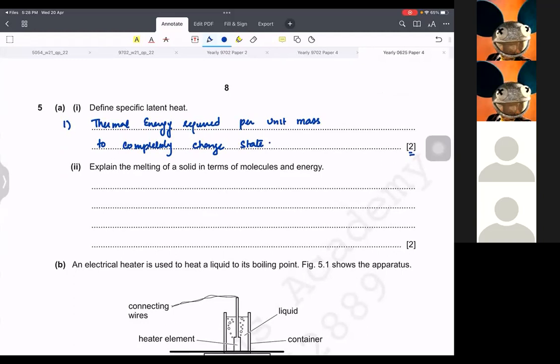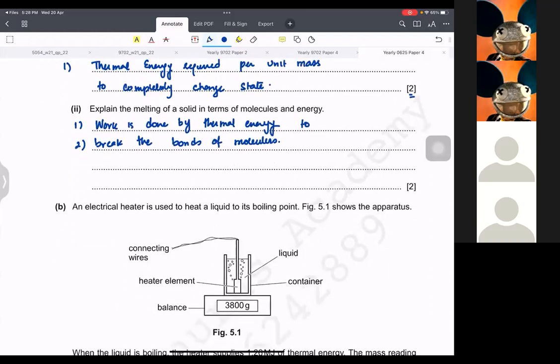So this basically means that work is done by thermal energy to, this is number 1, and for the second mark you should write to break the bonds of molecules. You can also say to overcome intermolecular forces. You could also write that, okay?